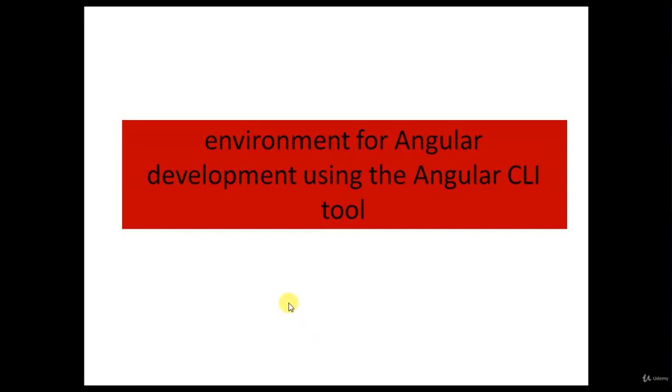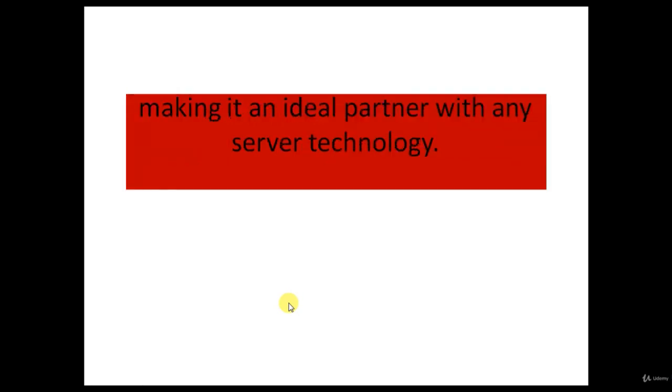AngularJS data binding and dependency injection eliminate much of the code you would otherwise have to write, and it all happens within the browser, making it an ideal partner with any server technology.